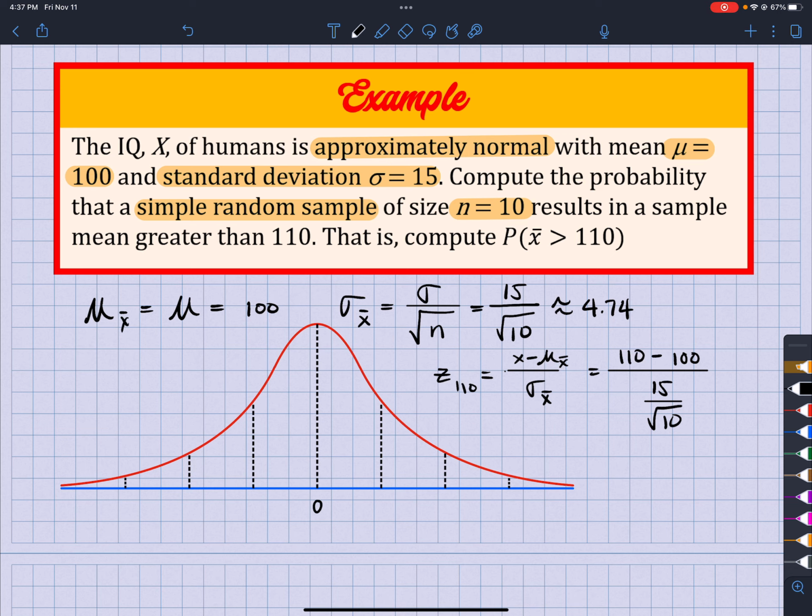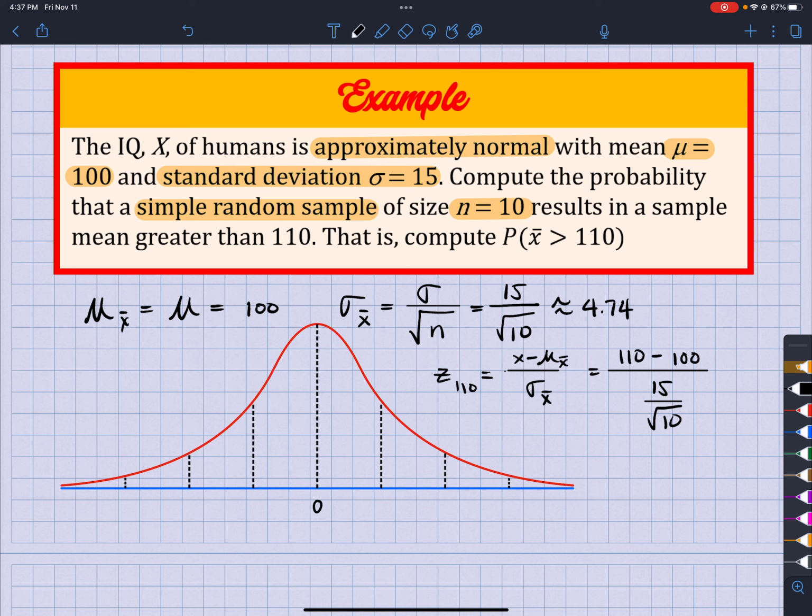What we're going to get, if I did it correctly, let me throw that in my calculator. I got a fraction here. The top is going to be 110 minus 100. The denominator is also going to be a fraction, the top is 15 divided by the square root of 10.